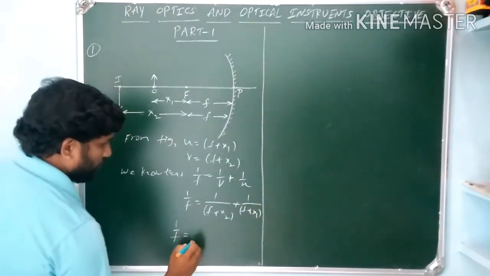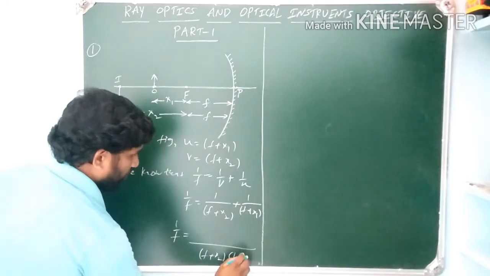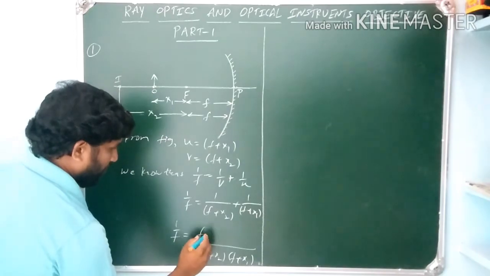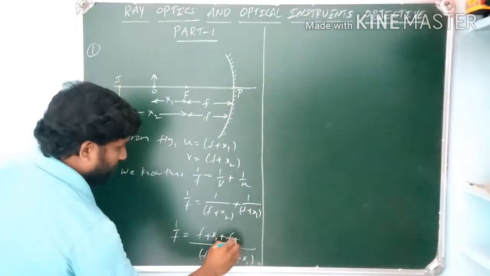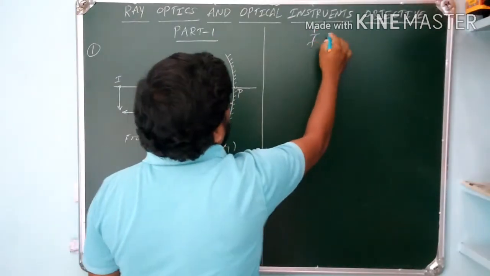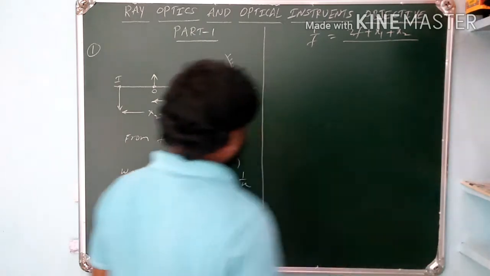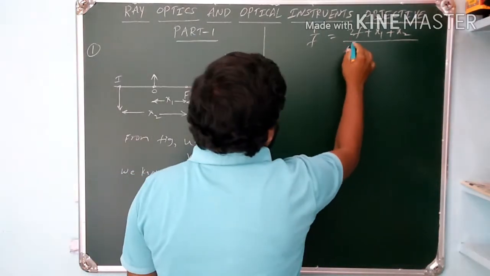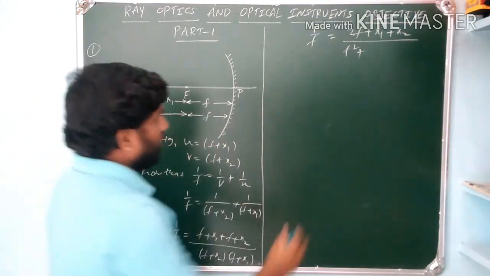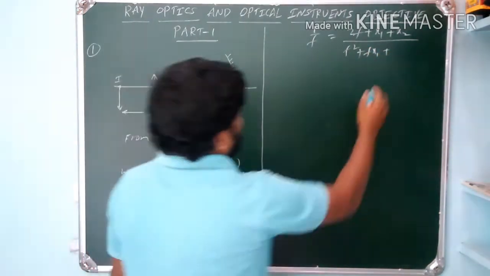Take the LCM: the numerator is f plus x1 plus f plus x2, and f plus f is 2f. So 1 by f equal to 2f plus x1 plus x2 over f square plus fx1 plus fx2 plus x1 x2.